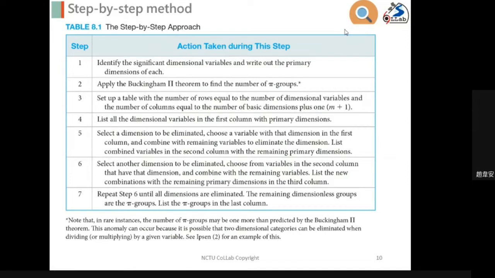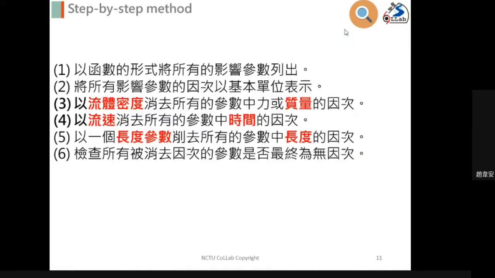And right now, we just introduce the first method to do the dimensional analysis, which is the step-by-step method. The table just lists the steps for the step-by-step approach, and I just provide a brief introduction. First, we list all of the physical variables, and then we list all of the dimensions for our variables.